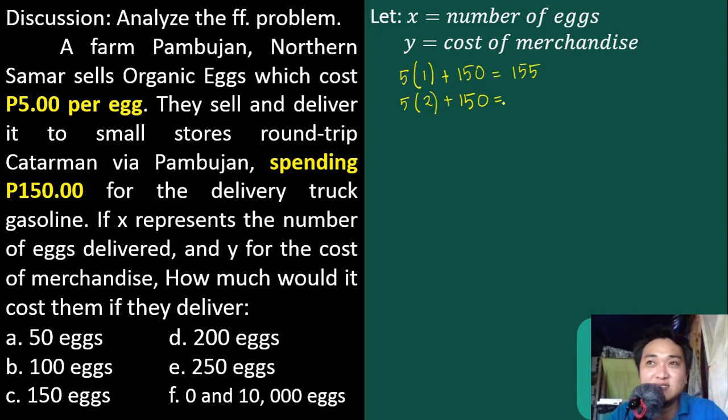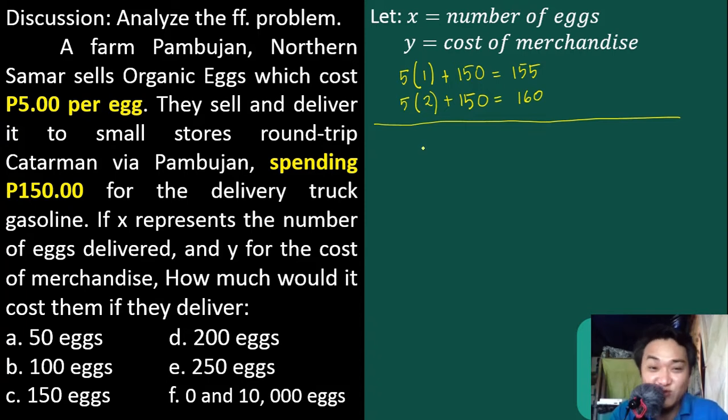This is just to illustrate kung anong yung nangyayari dun sa cost of merchandise natin whenever we have this number of eggs. So that is 5 times 2 is 10 plus 150. Syempre, ang cost ng merchandise natin is 160. Kasama na yung pinanggasolina.